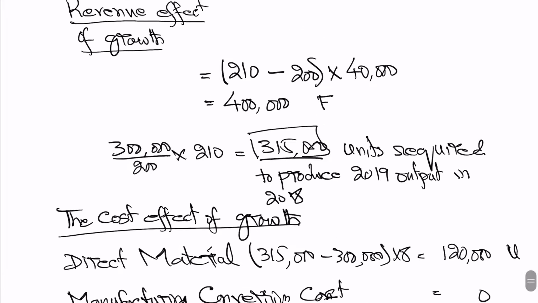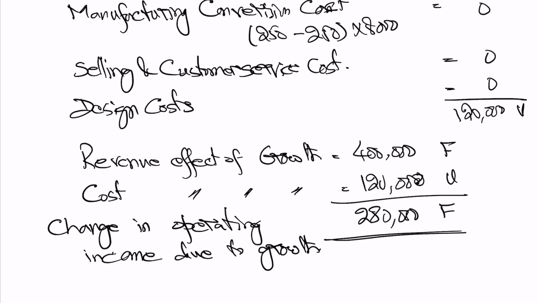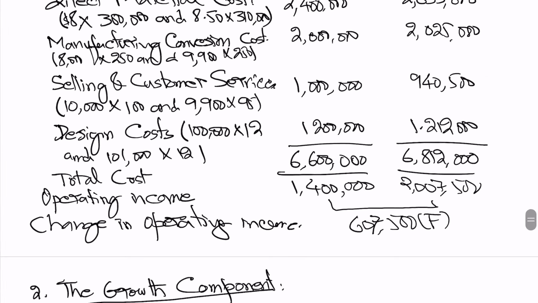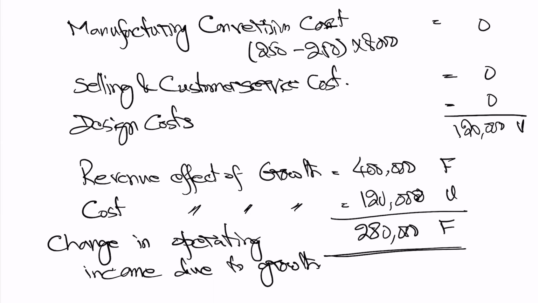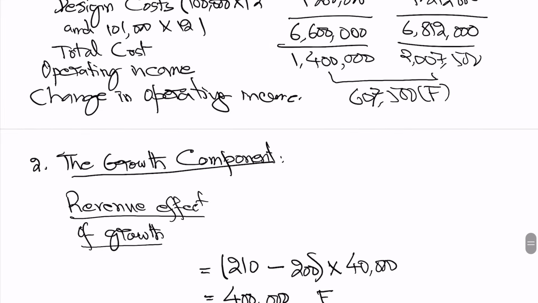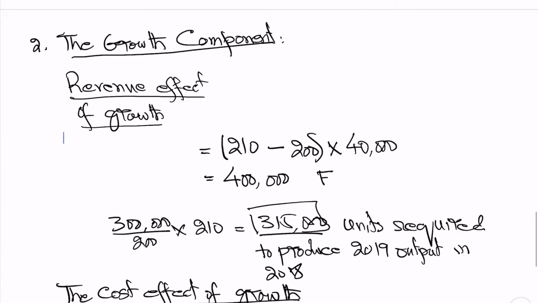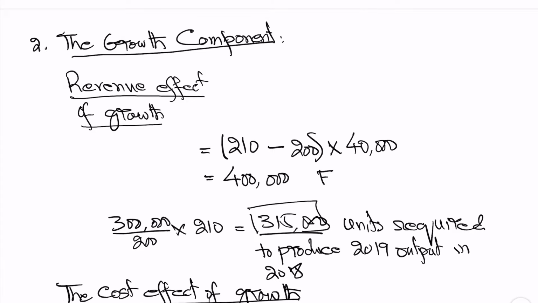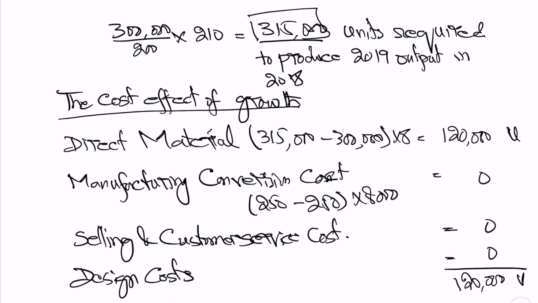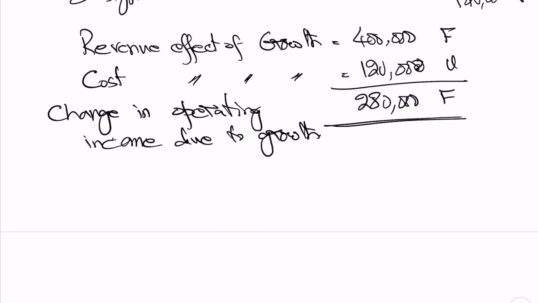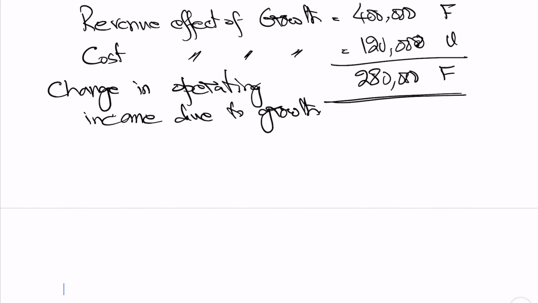So this way the total change is 607,500, out of which 280,000 is because of the growth component. Okay, now we move on to the price recovery component.